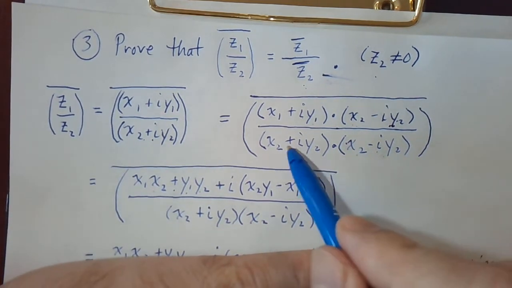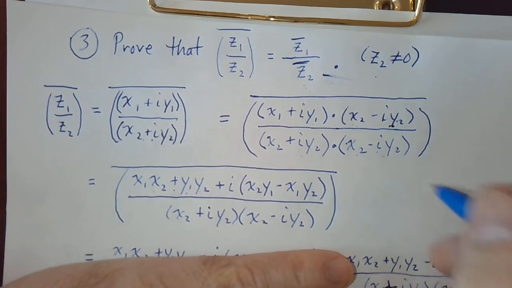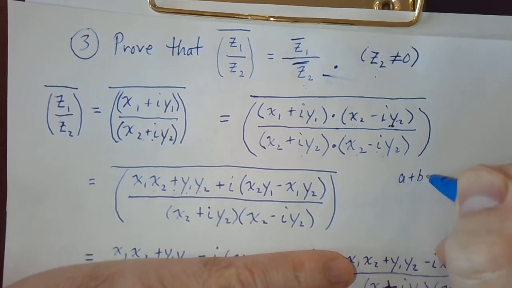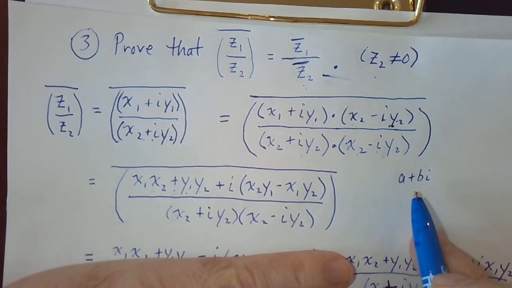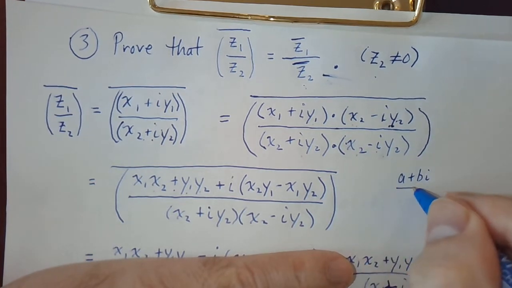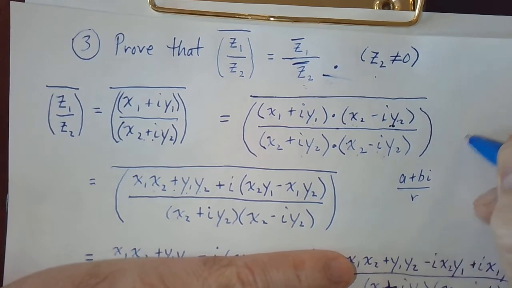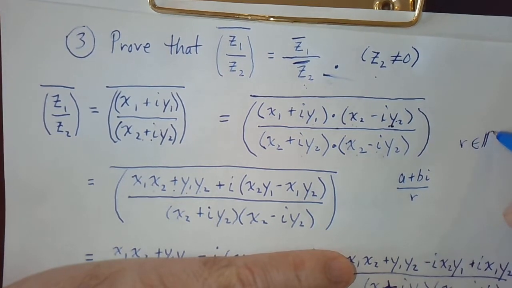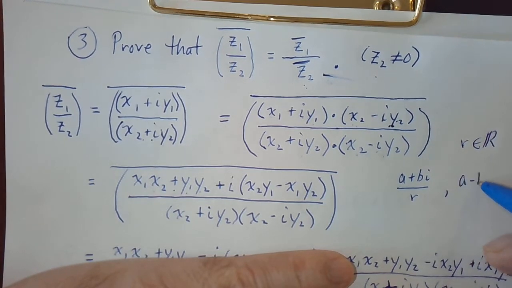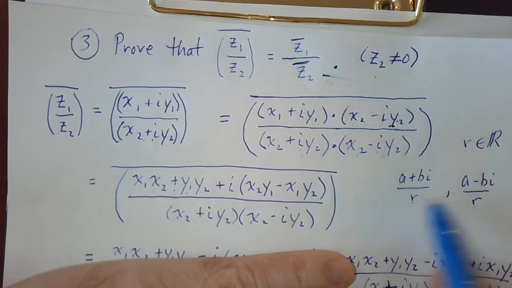Now remember, I mentioned that this denominator is a real number. Well, it should be obvious that if I take a complex number of this form, we know the complex conjugate is a minus bi. If I divide it by r, where r is a real number, its complex conjugate is simply a minus bi over r. Now, r has to be a real number.